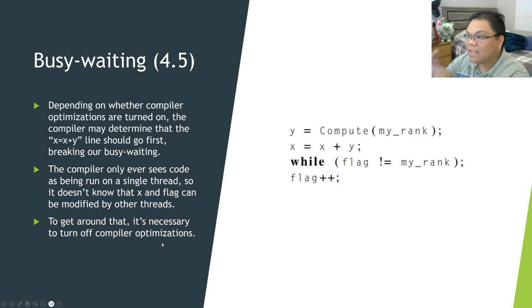There are a few things to consider if you're to do a busy loop. Busy waiting, as it's called. And it's this. Did you know that the compiler can do optimizations? So the compiler, for example, will read this code and decide for itself, hey, looks like you're doing an addition operation. I'm going to do that first before we enter the while loop. No, don't, computer, no, bad computer.